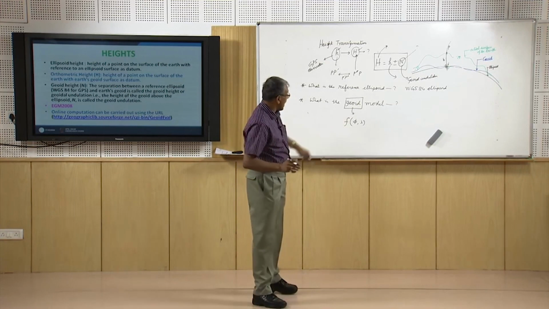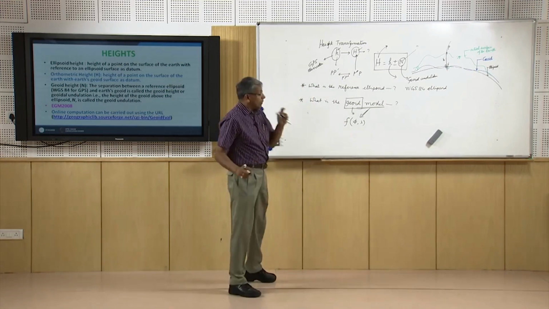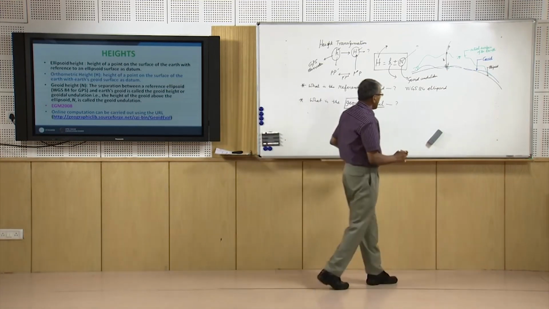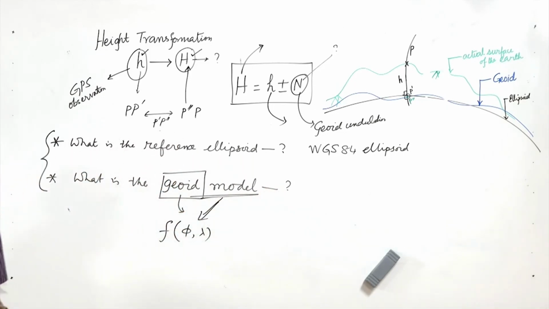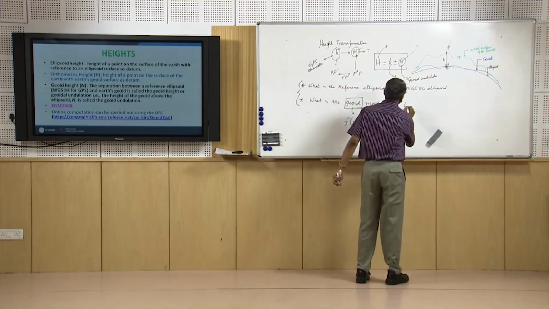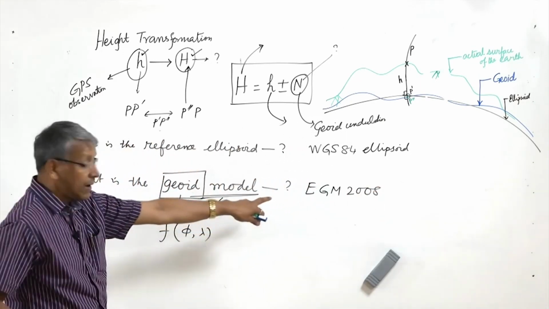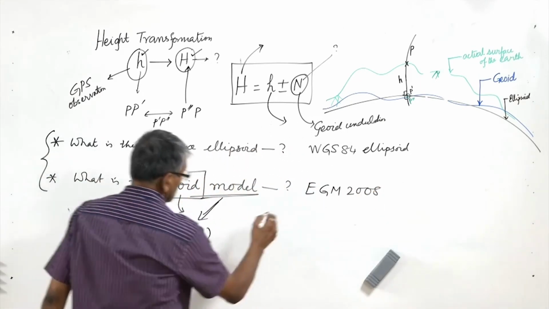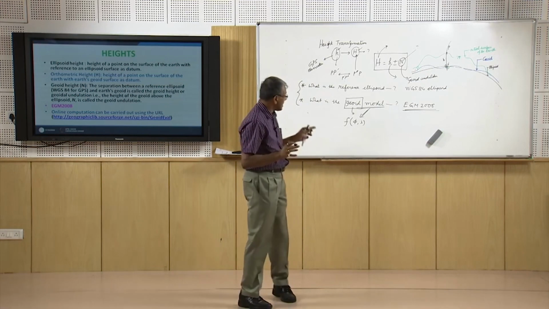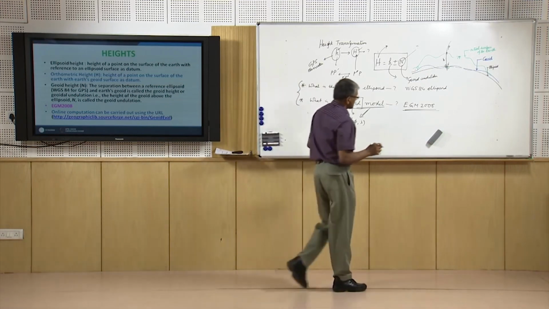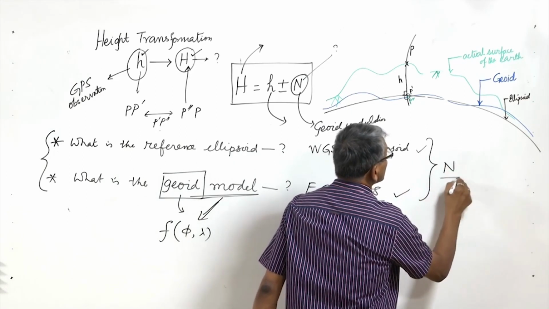That is how we define a geoid model. So before we find N, we need to know these two. In case of GPS, it is the EGM 2008 Earth's gravitational model, the latest model that we have for the geoid surface. These two are to be considered to find the value of N.